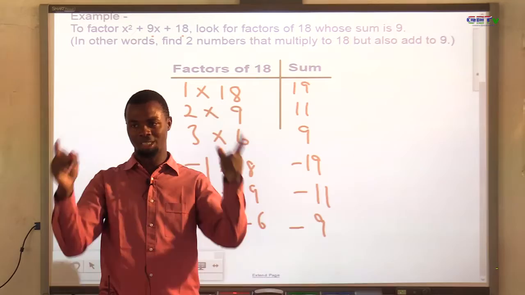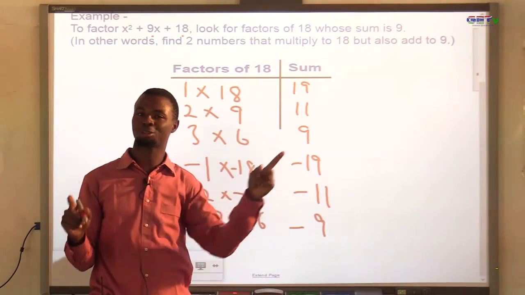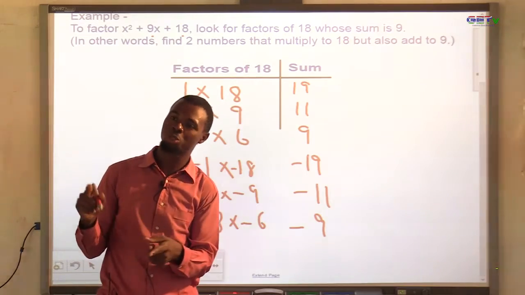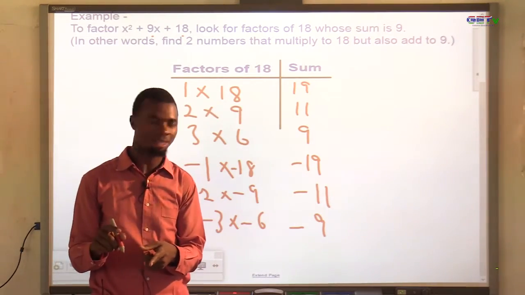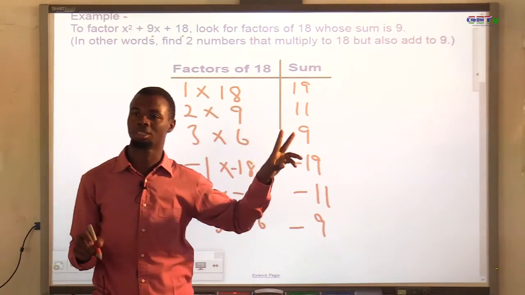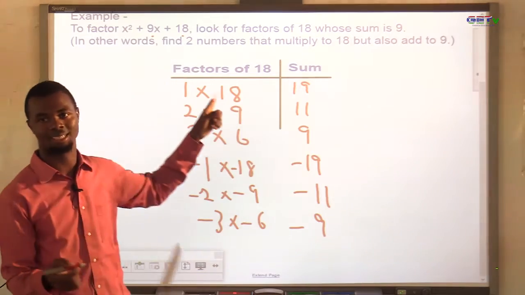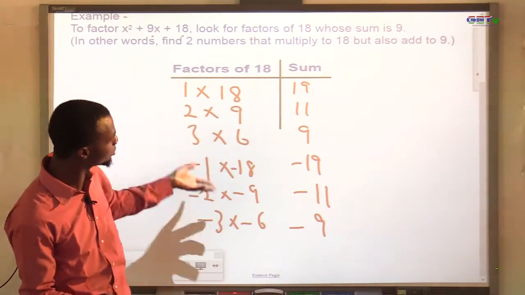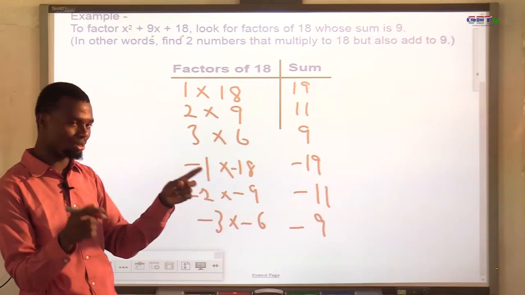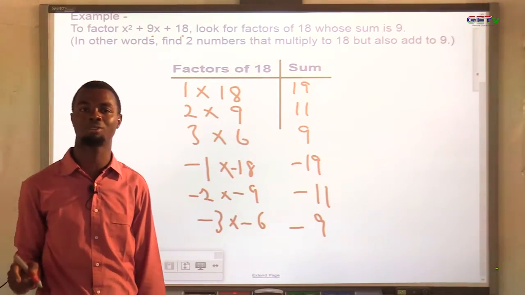Now, from the explanation above, you find factors of c whose sum will be b. If you look at the expression here, it's in that form. Your c is 18 and your b is 9. So we look at the two factors where if we get their sum, their sum will give us 9.